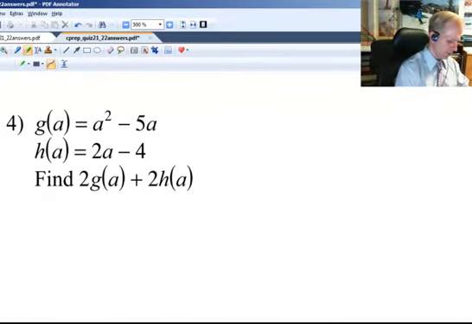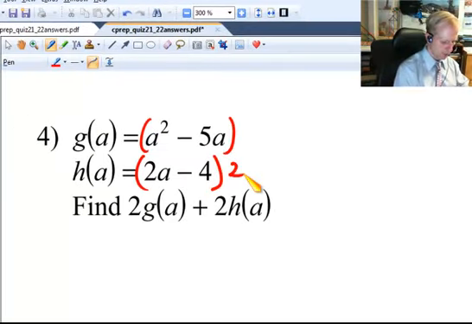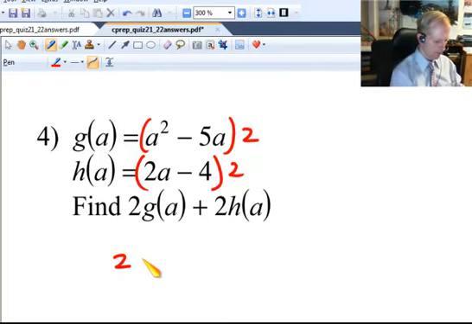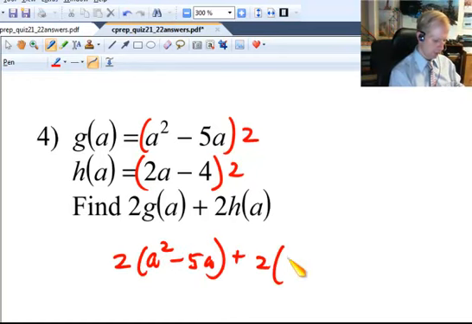Alright, in the next problem, this time I'm multiplying the first function by 2, and I'm also multiplying the second function by 2, and then adding. So let me write that all out. So 2a squared minus 5a plus 2 times 2a minus 4.